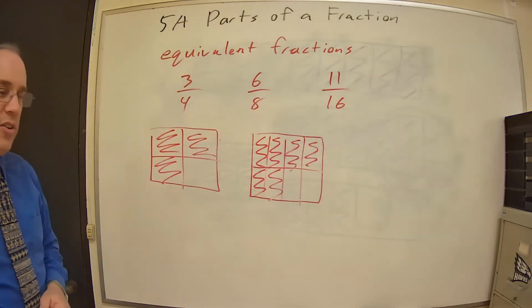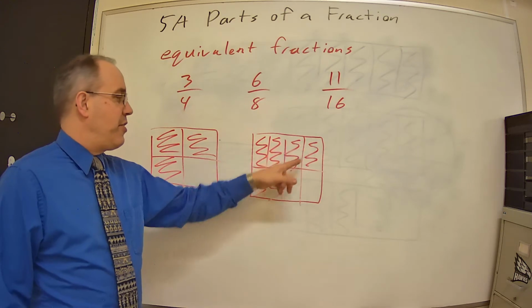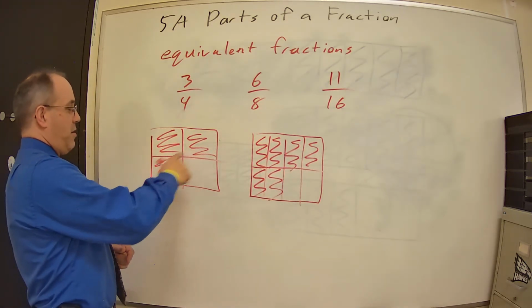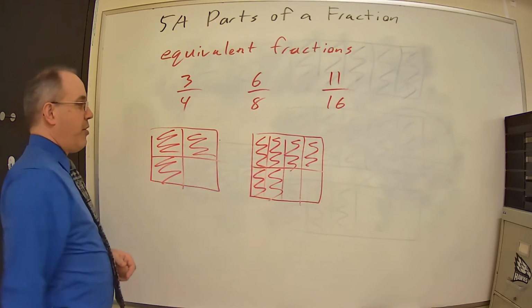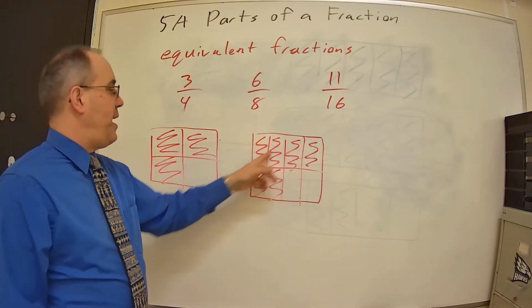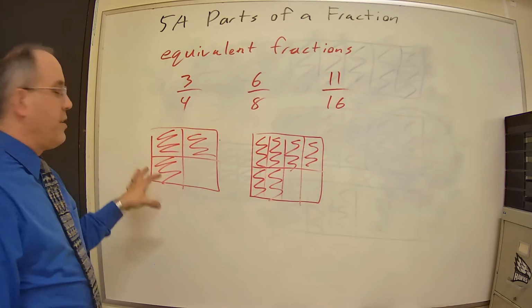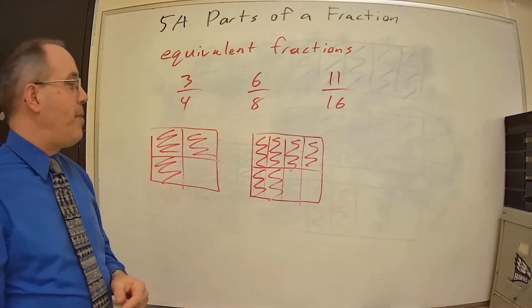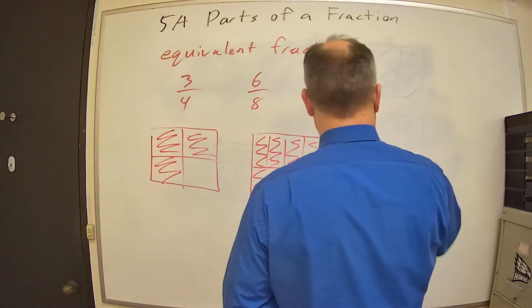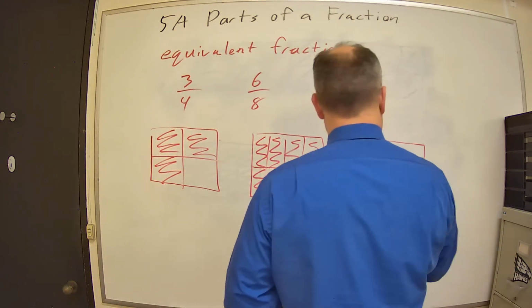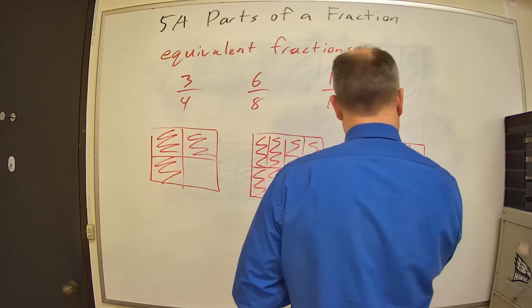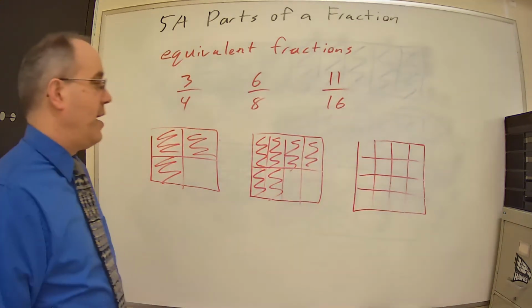And why did I color that here instead of going down to the next one? Well, if you see the way I color it, we can see that 6/8 fills in the same amount of area as 3/4 did. Well, what about 11/16? Okay, 11/16.